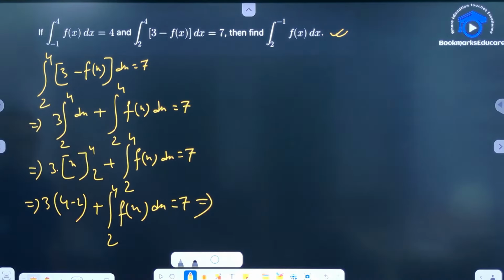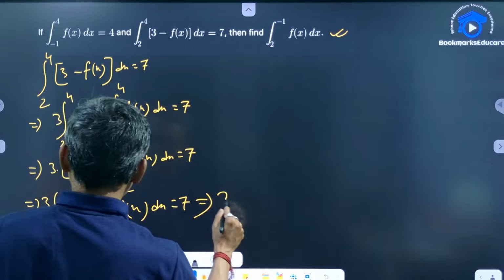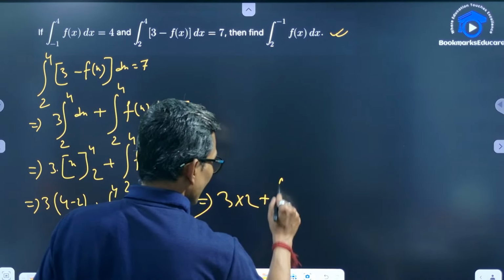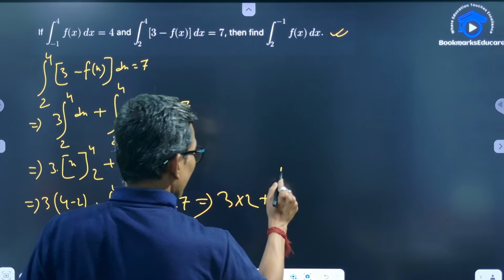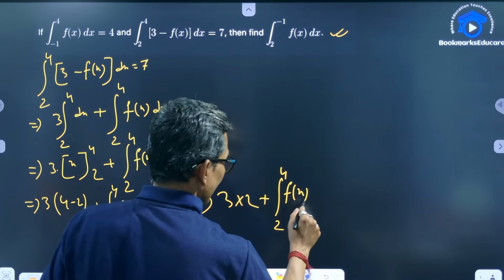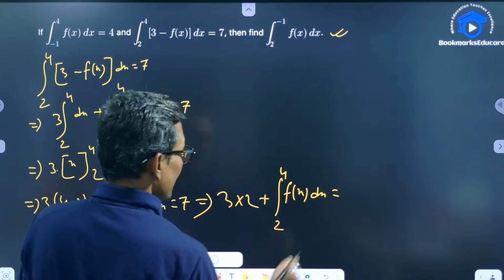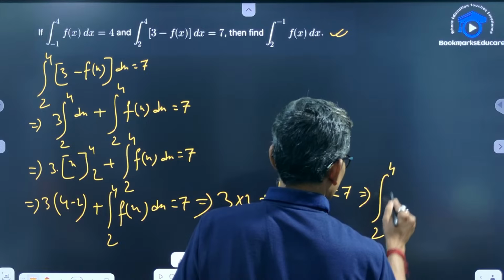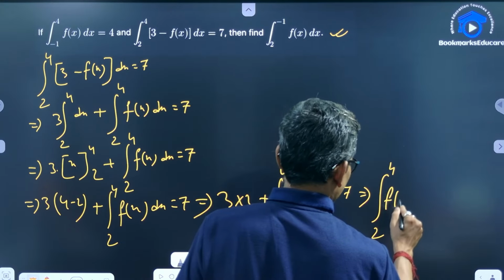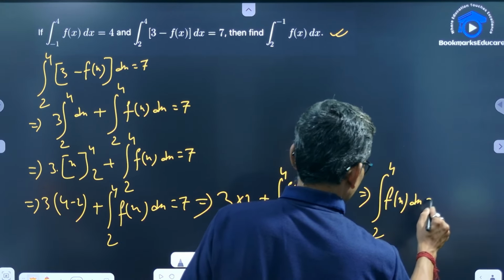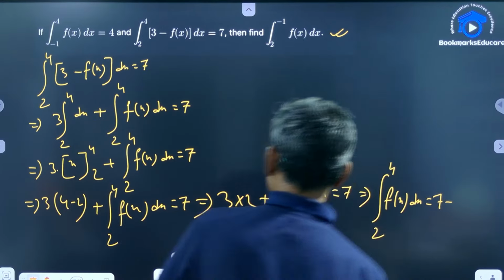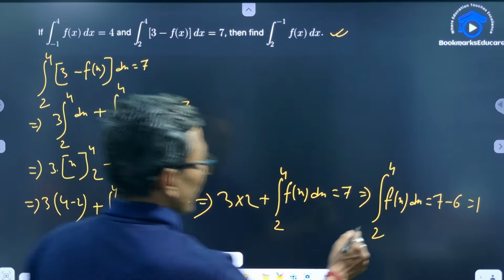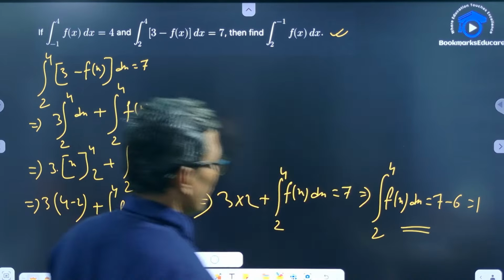So 3 into 2, that is 6, plus 2 to 4 f of x dx is equal to 7. So integral 2 to 4 f of x dx is equal to 7 minus 6, so 1. Its value will be 1, okay.